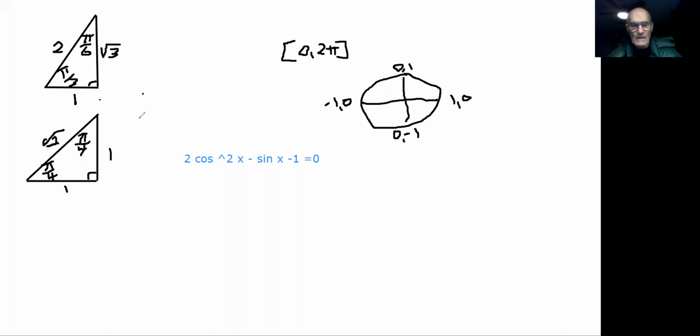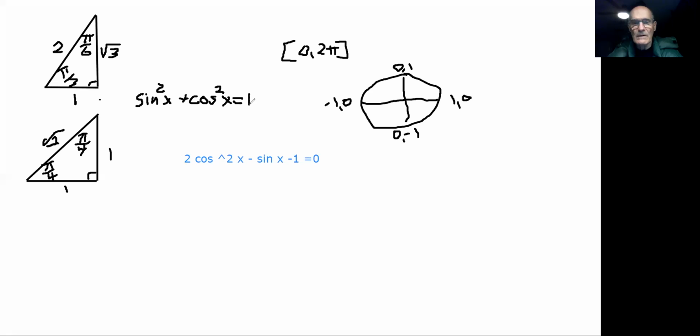We have sine squared x plus cosine squared x. Anytime you're trying to get rid of sine squared or cosine squared, this is the identity you're going to use. Sine squared plus cosine squared equals 1.